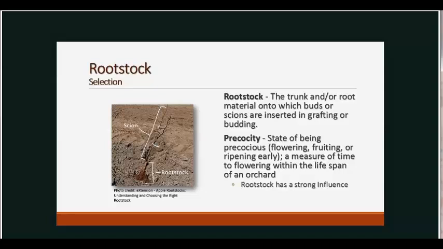And so something that has low precocity means the opposite, that it takes a long time. And so rootstock can affect that. And I'll say in general, the more dwarfing a rootstock is, the more precocious production you will have. So you can speed up production by putting something on a dwarfing rootstock.